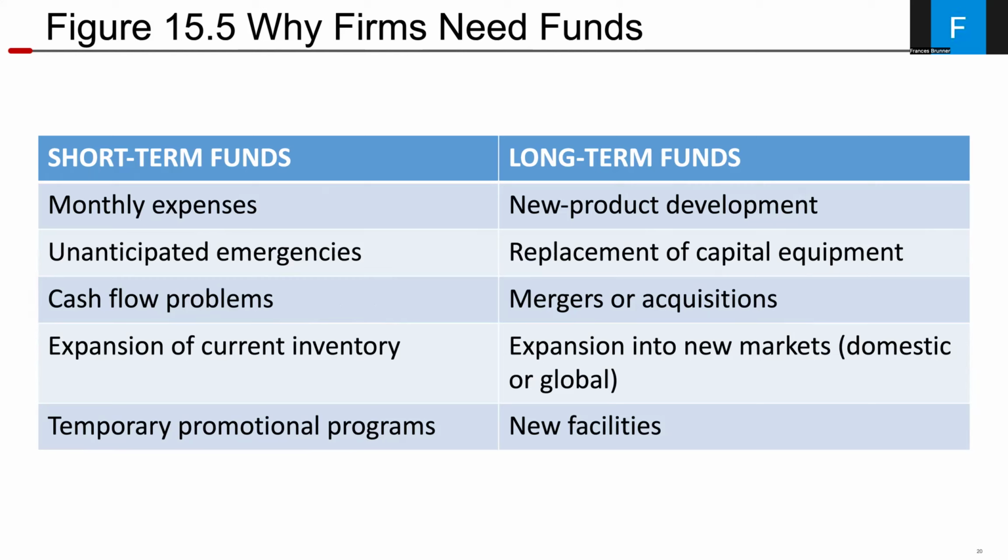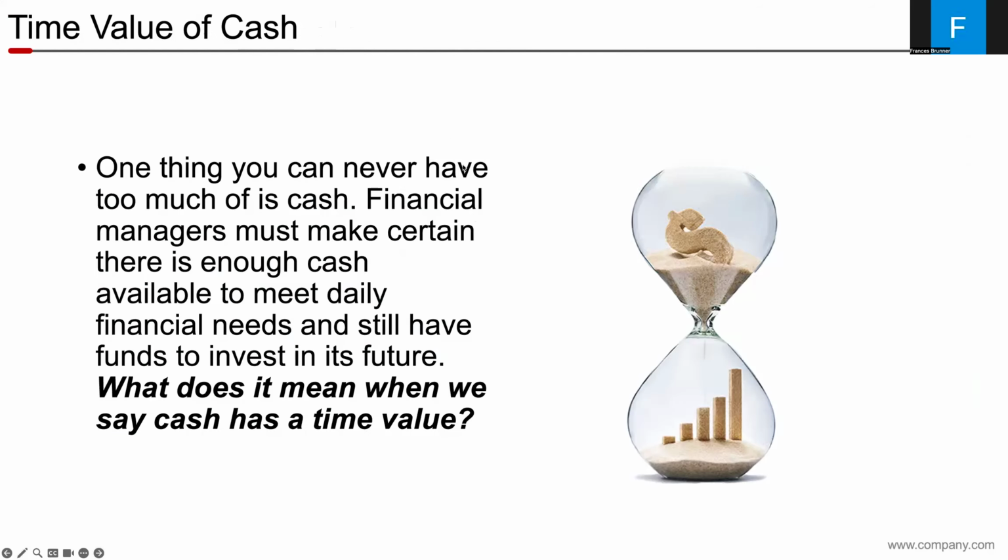New facilities or growth of current facilities or additions would also be long-term uses of funds. So one thing you can never have too much of is cash. As long as there's cash available to meet financial needs, remaining cash can be used to invest in the future of the company.